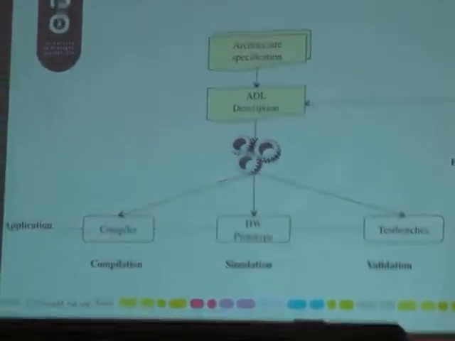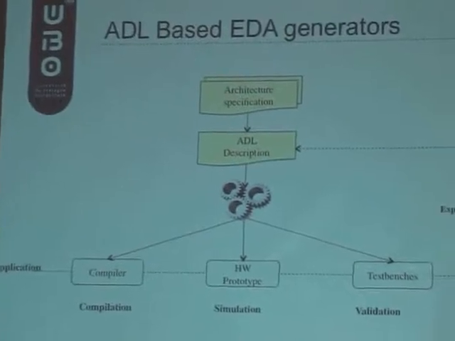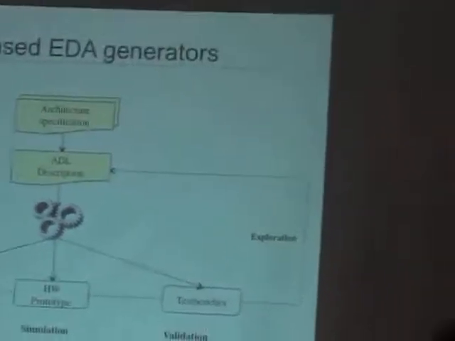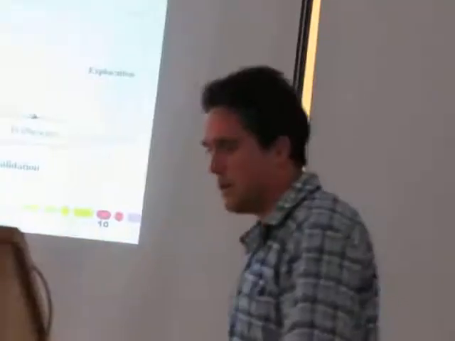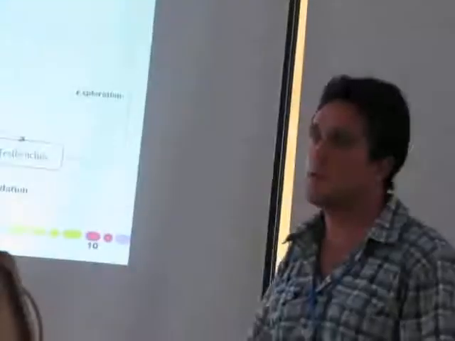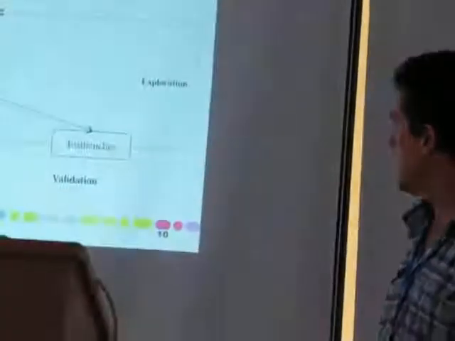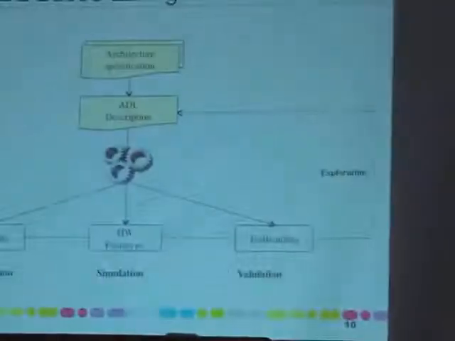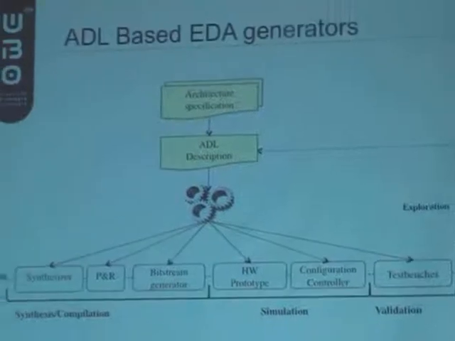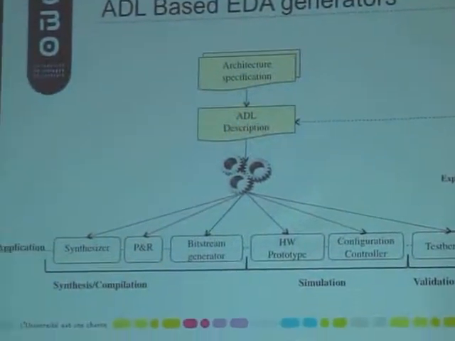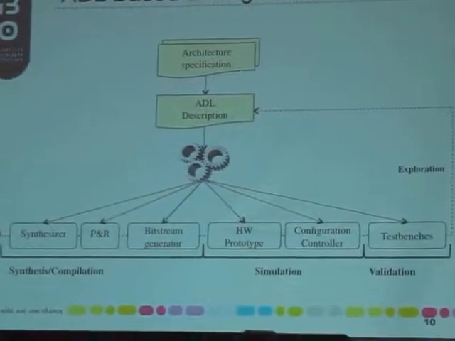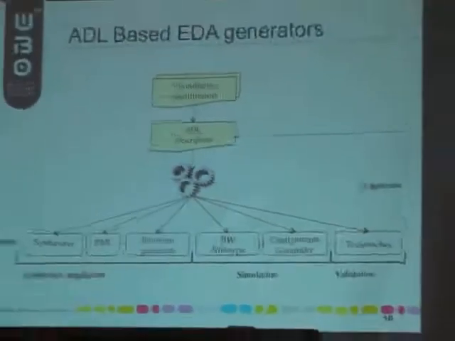Let's say Lisa is something like that. You have the specification of the processor, and then you generate a compiler for the hardware. We have something similar here, but a bit more complicated because the compilation flow is more complex due to the other resources we have.